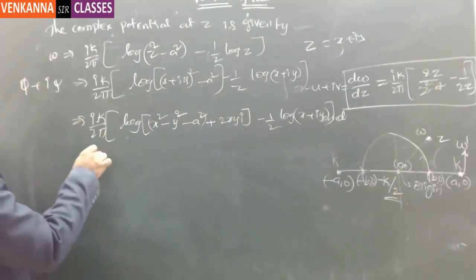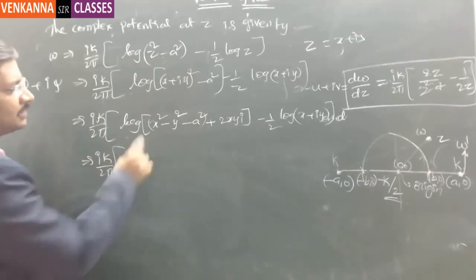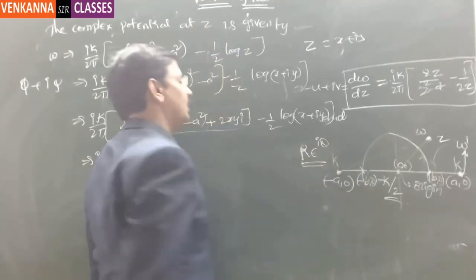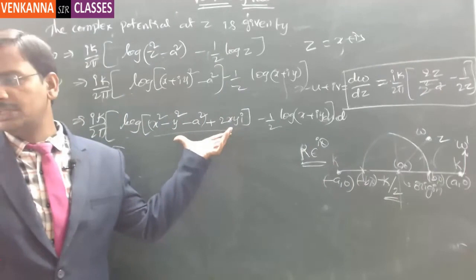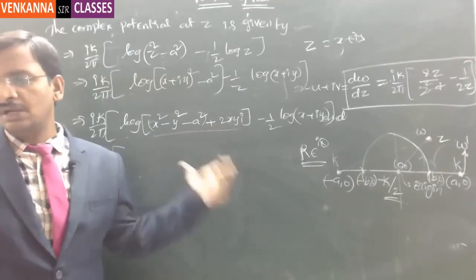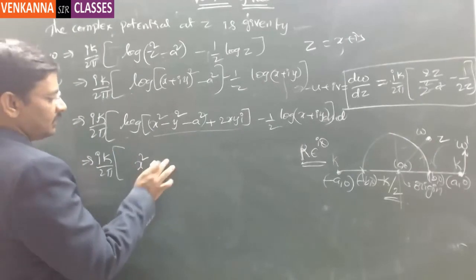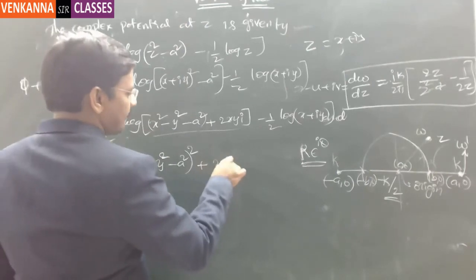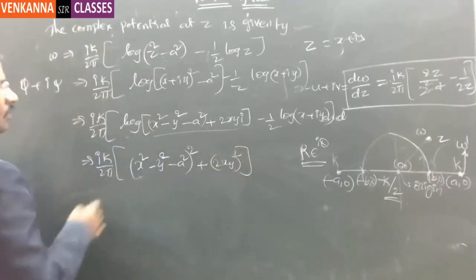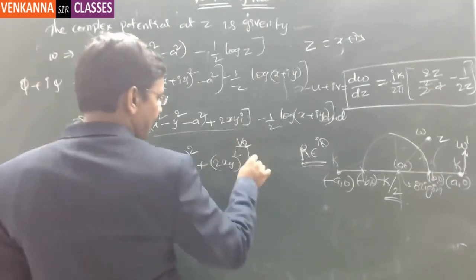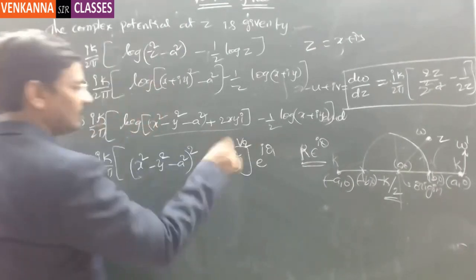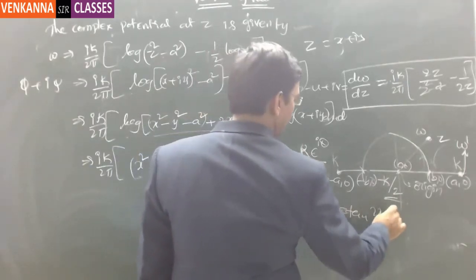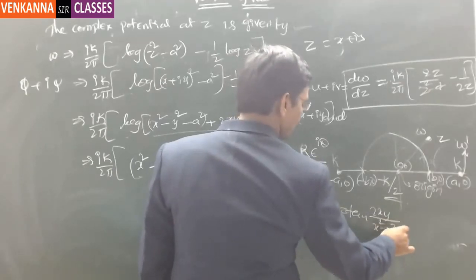And then this is ik by 2 pi. Then if I put this entire thing in r e power i theta format, where r is the magnitude, the square root of the square of this plus the square of this, that is (x square minus y square minus a square) whole square plus (2xy) whole square, whole power 1 by 2, into e power i theta 1, where theta 1 is tan inverse of 2xy divided by x square minus y square minus a square.